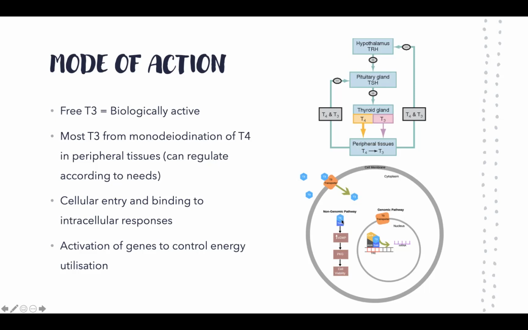It can activate receptors in the mitochondria to encourage ADP and increase cyclic GMP, activating that pathway and encouraging a higher metabolic rate. Another way is that it can activate nuclear receptors, and it can activate genes, which can then produce proteins, which can control energy utilization depending on the cell's needs.